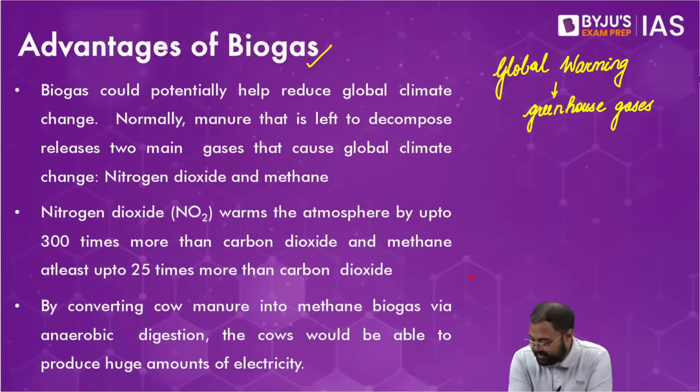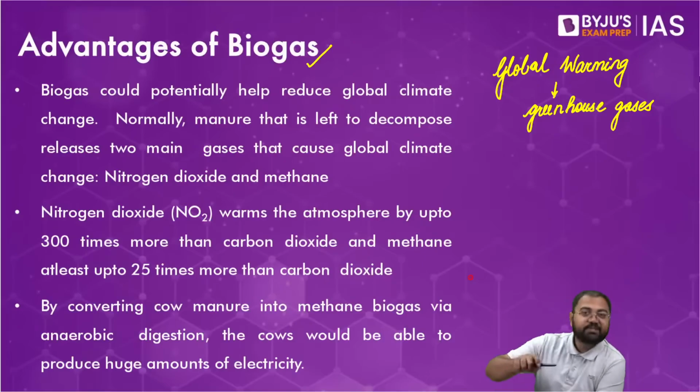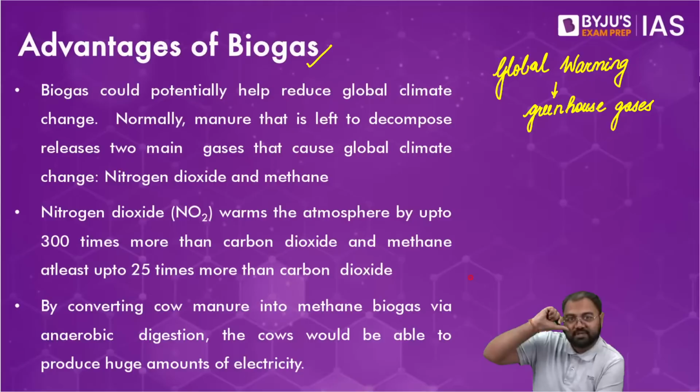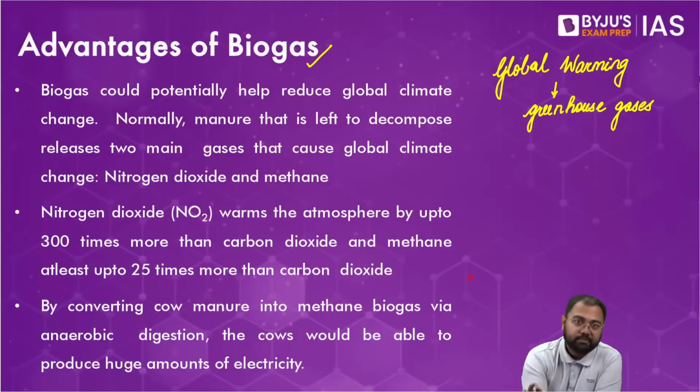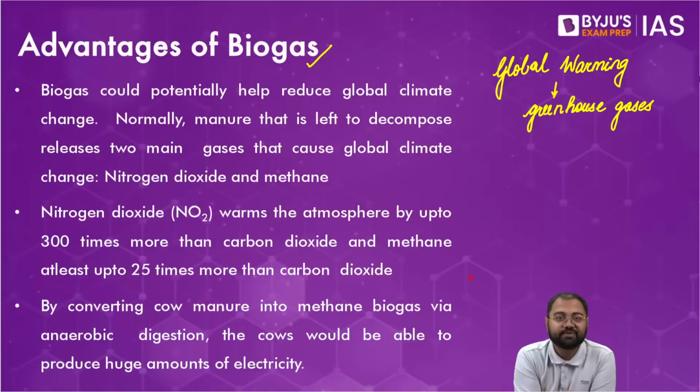Now, when this decomposition happens, this is where methane is released. All right, this decomposition releases methane. Now, this methane will simply go and mix with the atmosphere. So, this natural decomposition increases the methane quantity in the atmosphere.